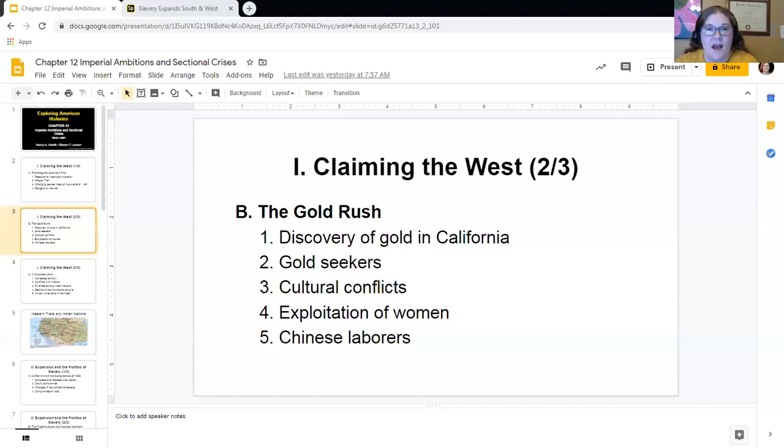The opportunities that are created for women are, one, to find a husband who hopefully will find gold, but also to work as launderers, seamstresses, and in other professions.